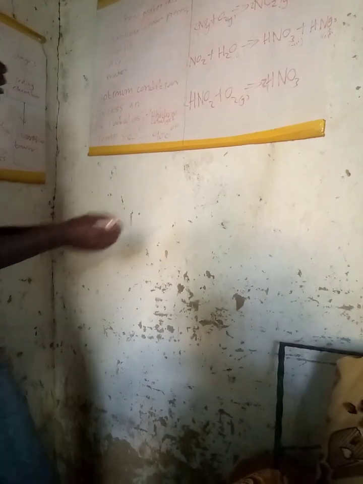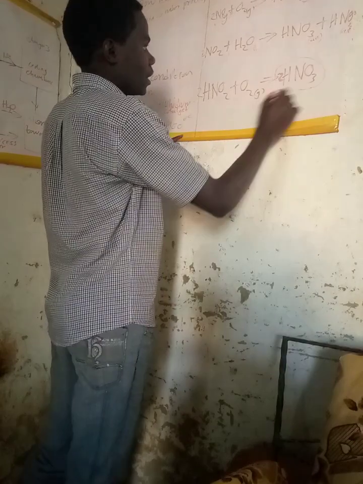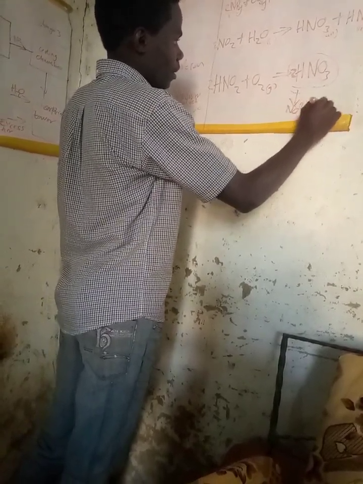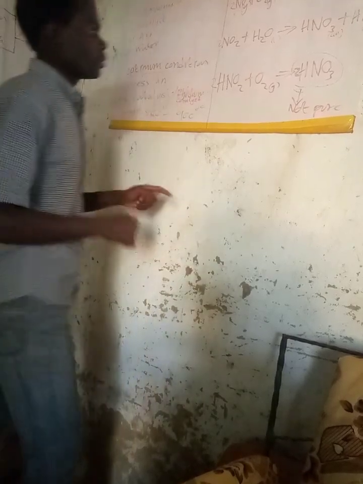So then another thing that we need to take note of, the nitric 5 acid that is obtained, it is not pure, which means it contains some impurities.